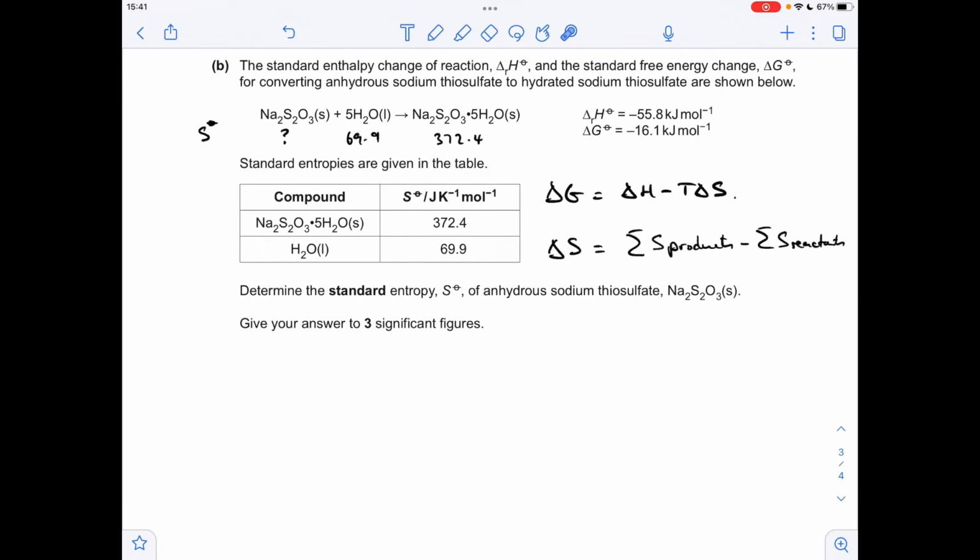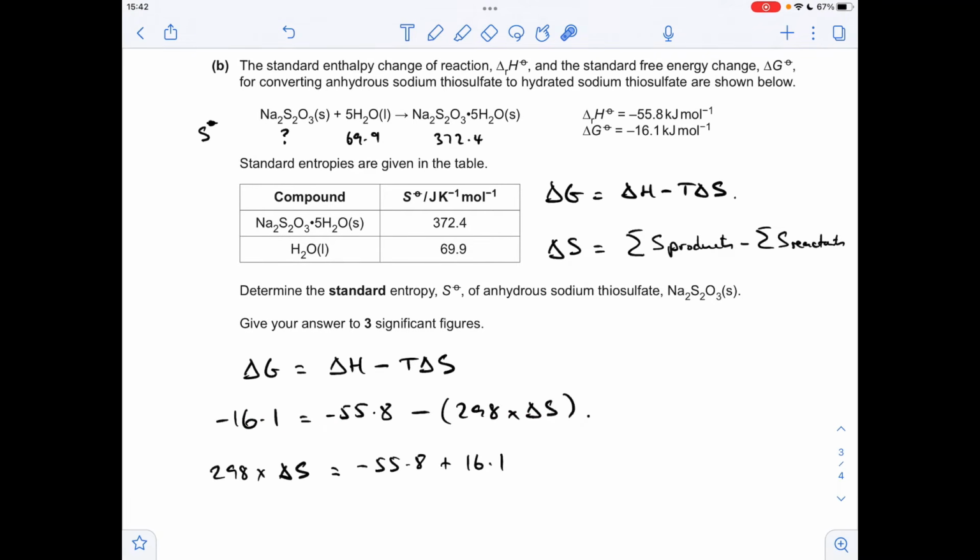So we'll calculate delta S, and then we're going to use this equation here to calculate the entropy of the sodium thiosulfate, which is going to be one of the reactants in the equation. So subbing the numbers into the Gibbs equation, we get this here. Rearranging gives us this here, which comes out at minus 39.7.